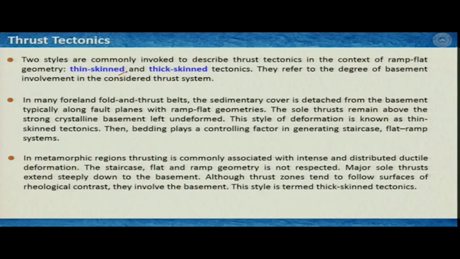One is thin-skinned tectonics and another is thick-skinned tectonics. So two styles are commonly invoked to describe the thrust tectonics in the context of ramp flat geometry. As I was talking about, one is thin-skinned and another is thick-skinned tectonics.